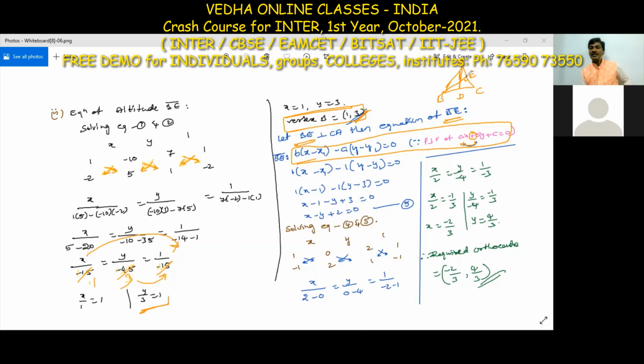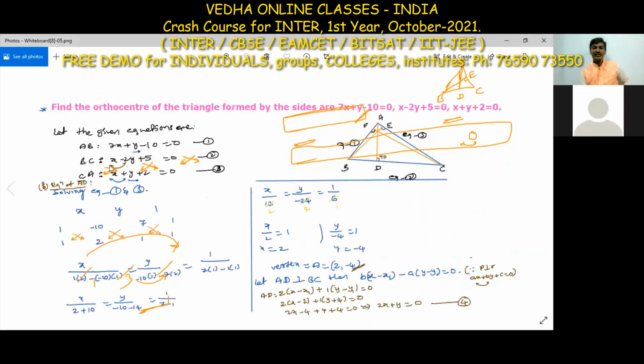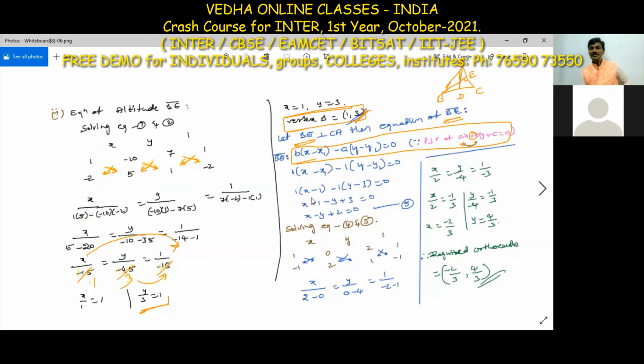Now here the AC equation, both the coefficients are 1 only. If you take the equation of AC, just check it: x plus y plus 2 equal to 0. The x coefficient we write to y, the y coefficient we write to x, so 1 and 1 only. So what is the equation? x plus y plus 2 is equal to 0.